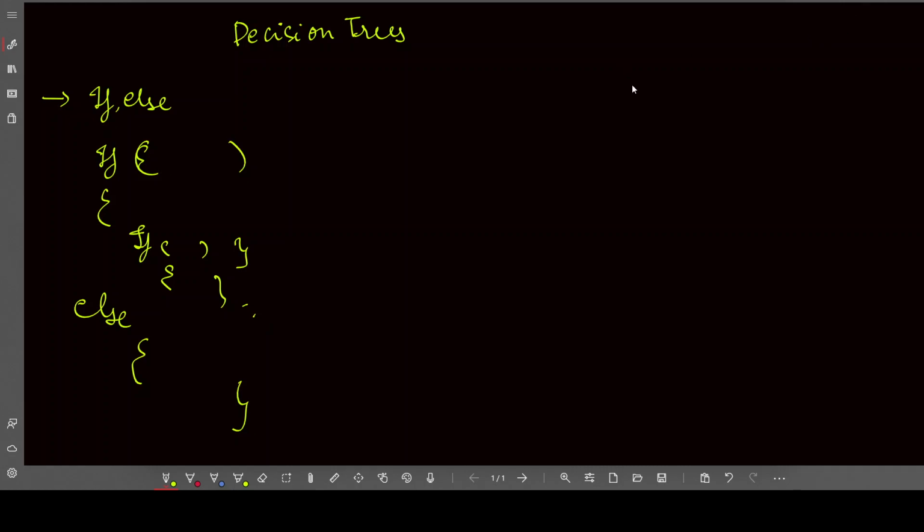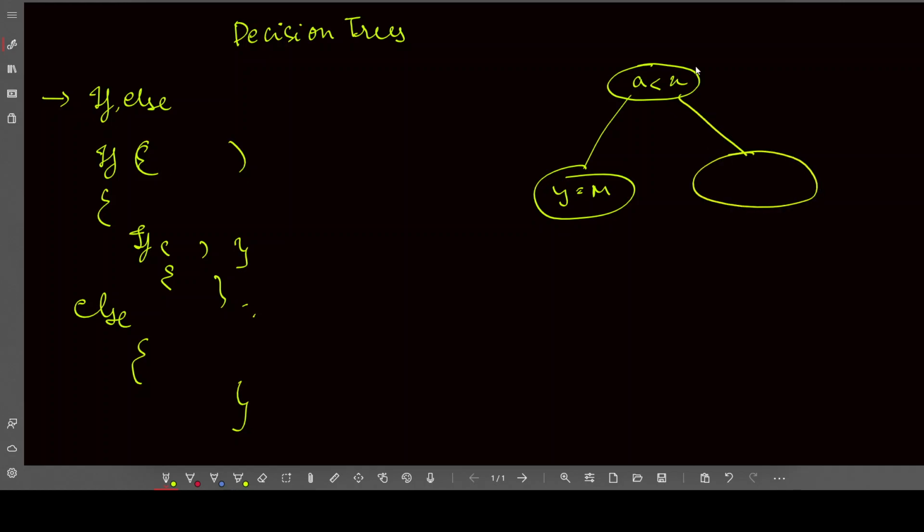Let me give you an example. Let's say I'm trying to classify whether a person's gender is male or female. So let's say if a is less than some value x, then y equals male. Otherwise, if it's greater, then I check, let's say a is equal to height and this here is weight.